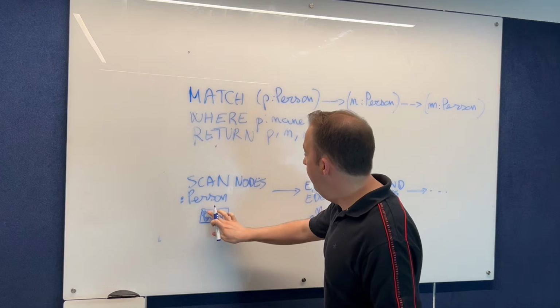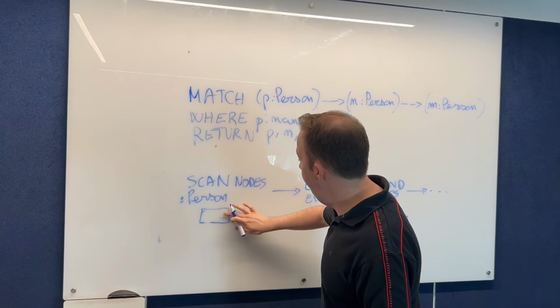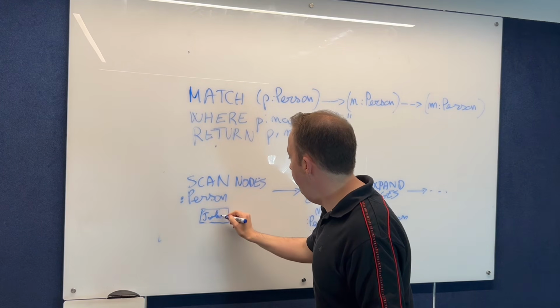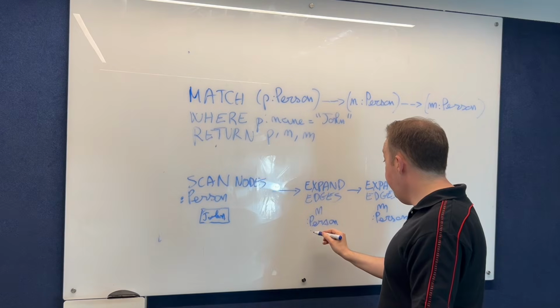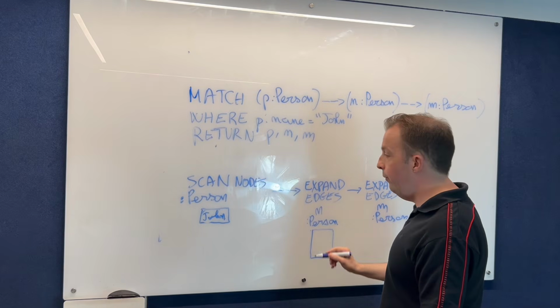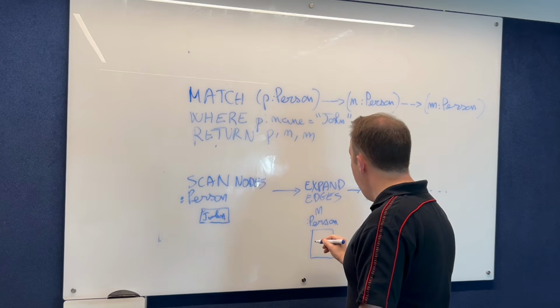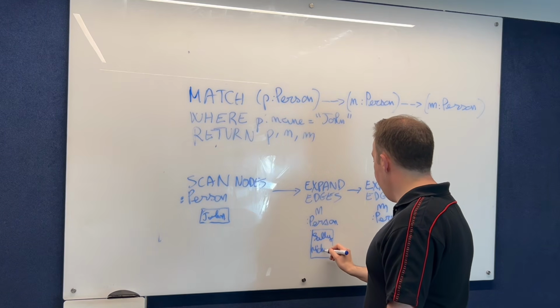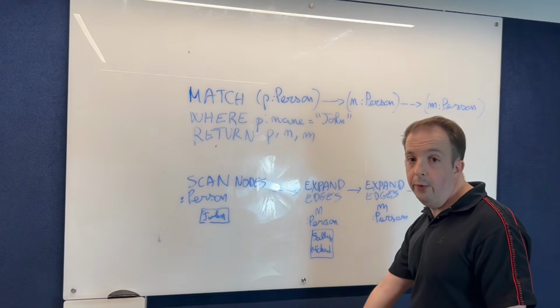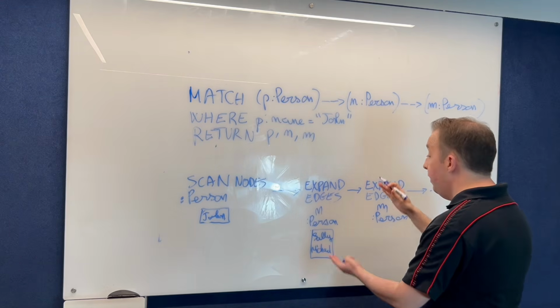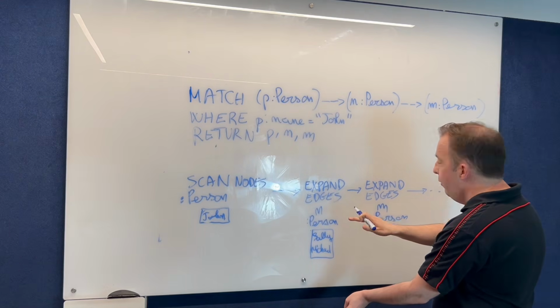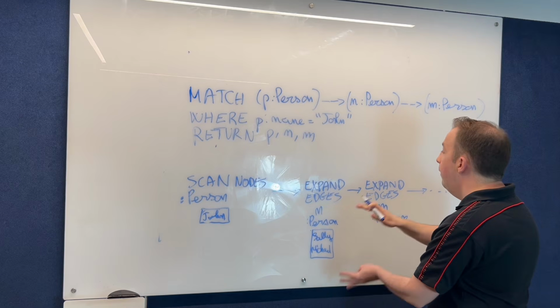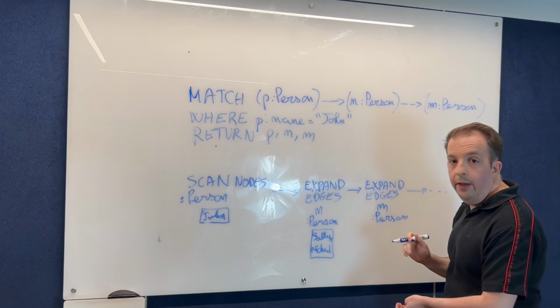So first I have my first person, which is John, I'm starting with. And then now I take all the friends of John in one go. So that was Sally and Michael. If my graph was very big, obviously I could have thousands of people in one go. And then I am transforming these thousands of people in one go to expand their edges in another hop.